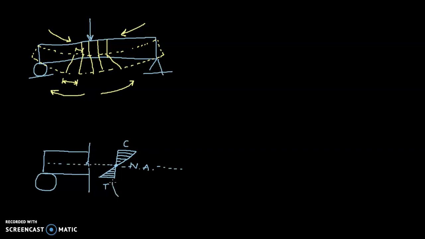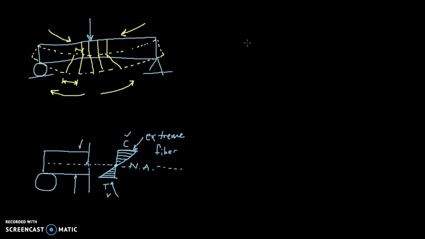So the maximum amount of stress occurs at both the very bottom and at the very top, and we refer to these extreme top and bottom of the beam as the extreme fiber. So think of it as like the skin along the very top and bottom of the beam. Those are the parts of the beam that experience the most amount of bending stress due to compression and tension. So when we talk about bending stress, we're actually talking about a combination of these stresses, both compression and tension.